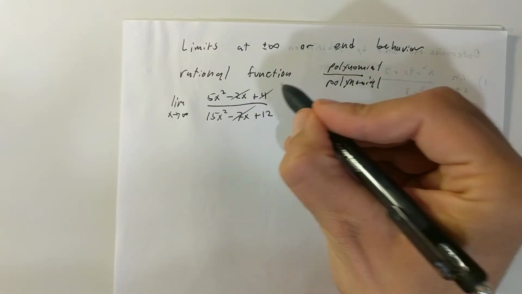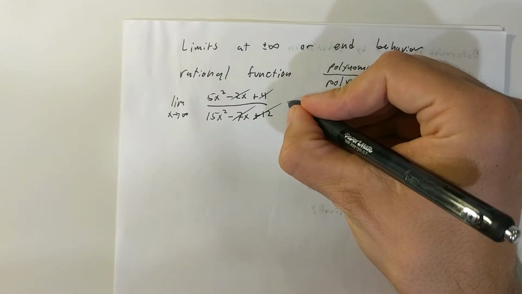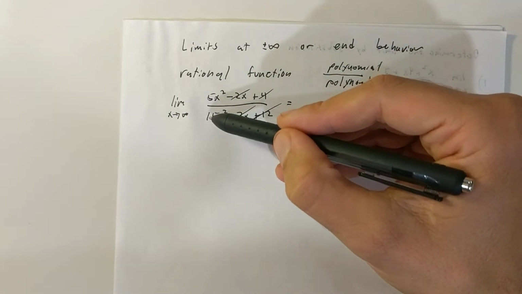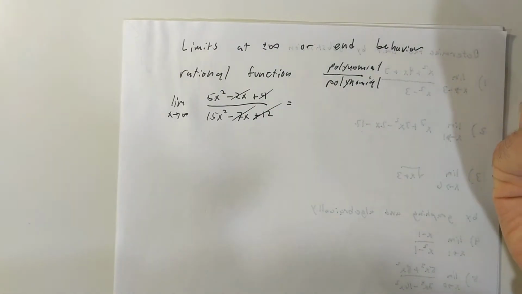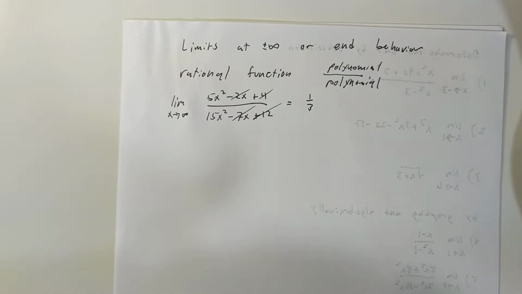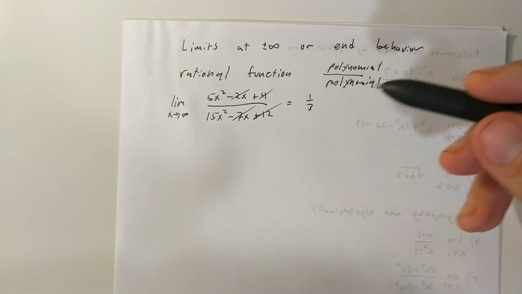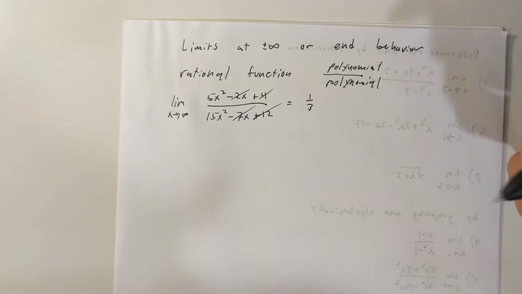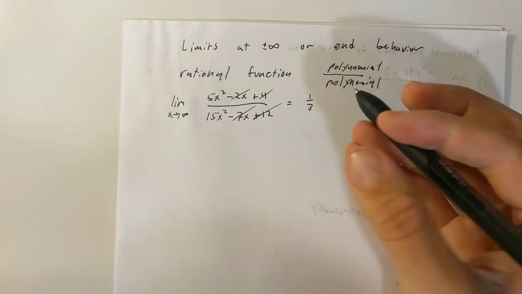We can ignore them, and then we realize, well, 5x squared and 15x squared just cancel and reduce, and really we are left with 1/3. So this thing is going to approach 1/3 as we go off to infinity. And what is this called?